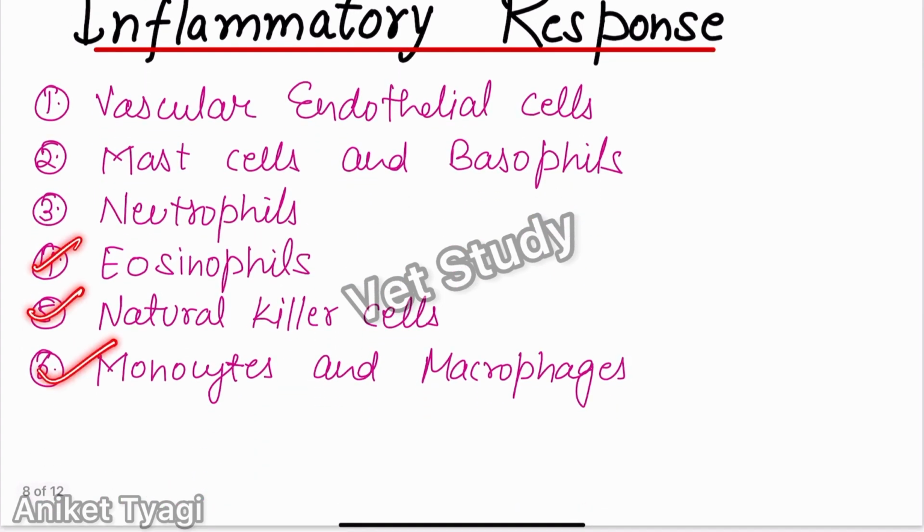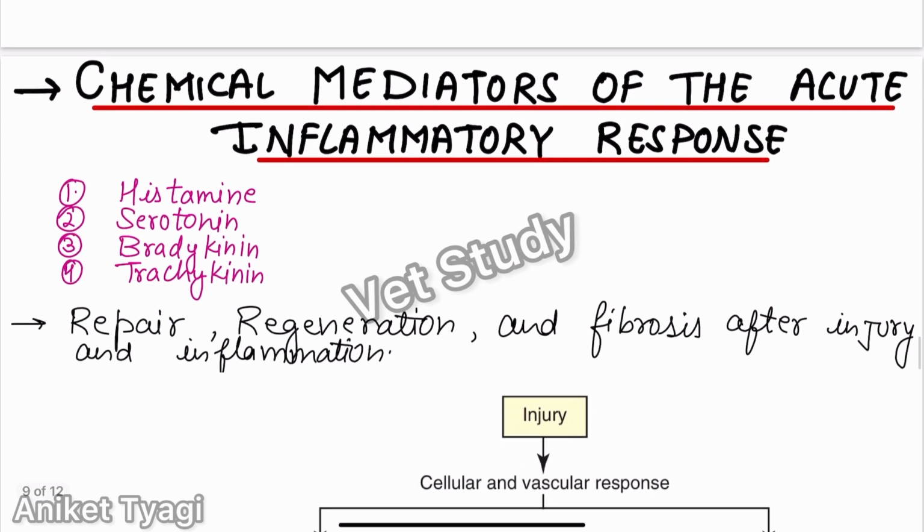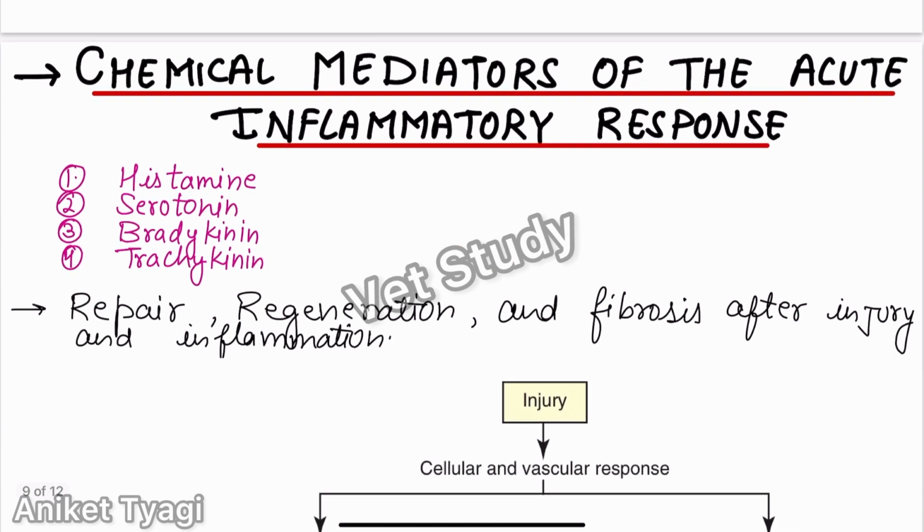Eosinophil, natural killer cell, monocyte, and macrophages mainly do phagocytosis, right? Next, we have chemical mediators of the acute inflammatory response. These include histamine, serotonin, bradykinin, tachykinin.